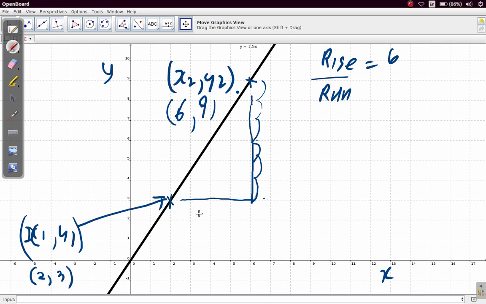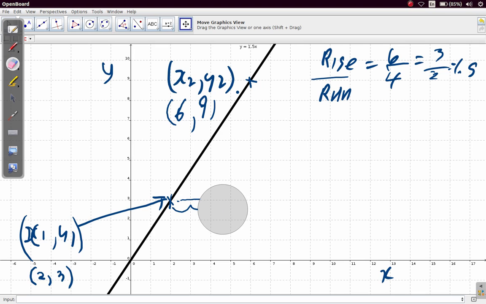What is our run? 1, 2, 3, 4. So 6 divided by 4, which is 3 divided by 2, which is 1.5. So our rise over run gives us 1.5. That's our gradient, right?